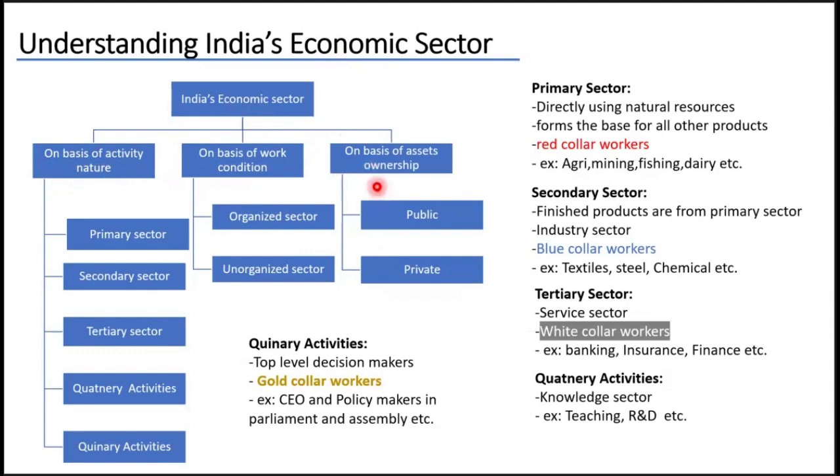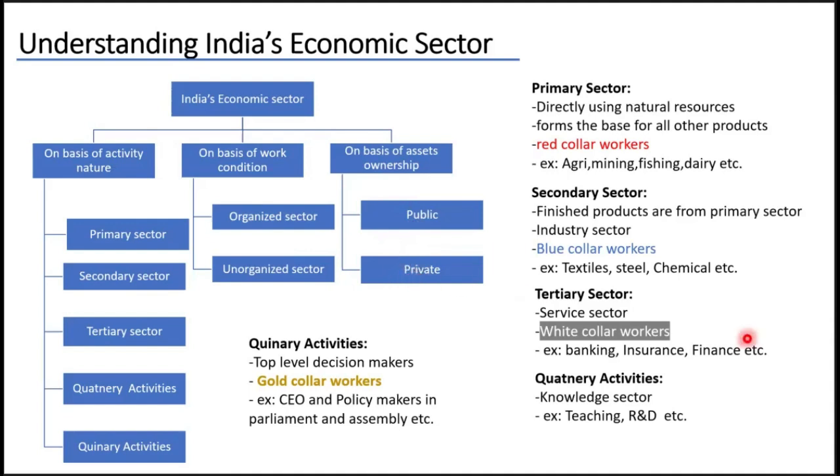First, let us look at the basis of assets ownership. We have public and private sectors based on the assets ownership. If the assets ownership is with the government of India, we call them public sector, or with any other individuals or group of people, we call them private sector.